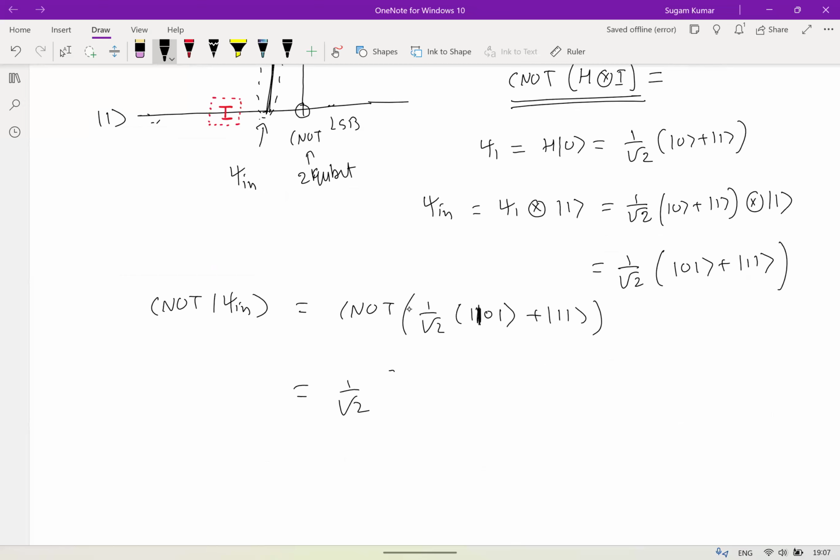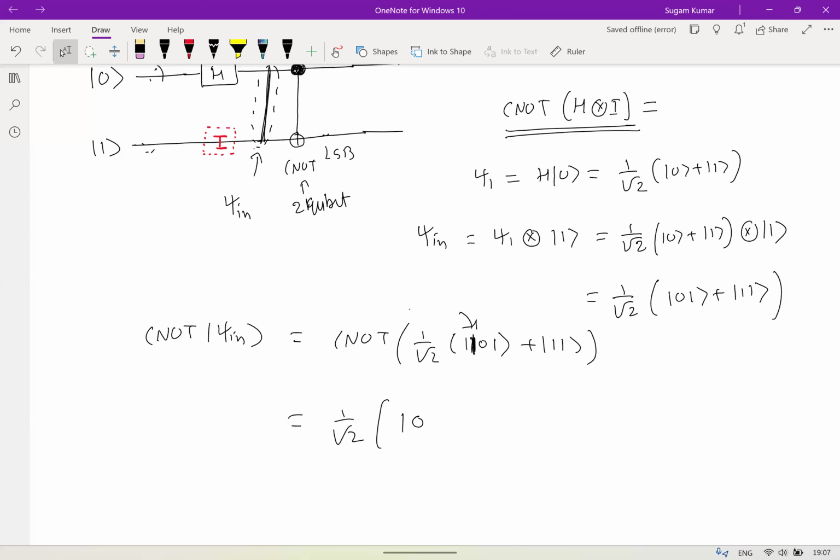This is the control bit. When the control bit is 0, nothing changes, so 0 1 stays 0 1. When the control bit is 1, it flips the target, so 1 1 becomes 1 0. So we get 1 by √2 times (0 1 plus 1 0). Correct. And this is a Bell state because you cannot write this as the tensor product of any two states. Not possible. So this is the Bell state.